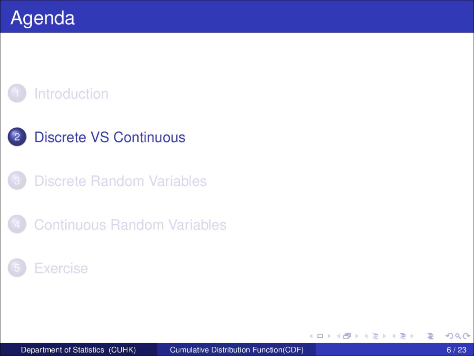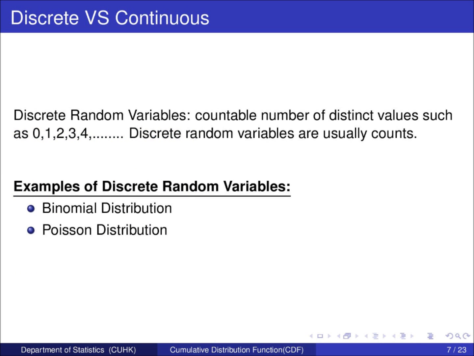After talking about the properties and the definition of CDF, and before we move on to the CDF for discrete and continuous random variables, let us talk briefly about the difference between discrete and continuous. Discrete random variables take a countable number of distinct values, such as 0, 1, 2, 3, 4, etc., which are usually counts.